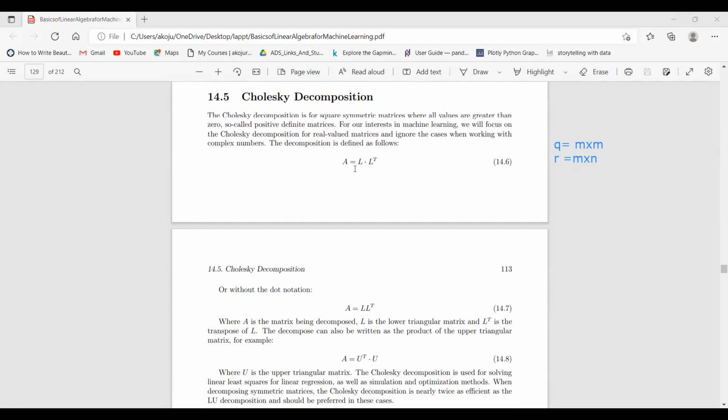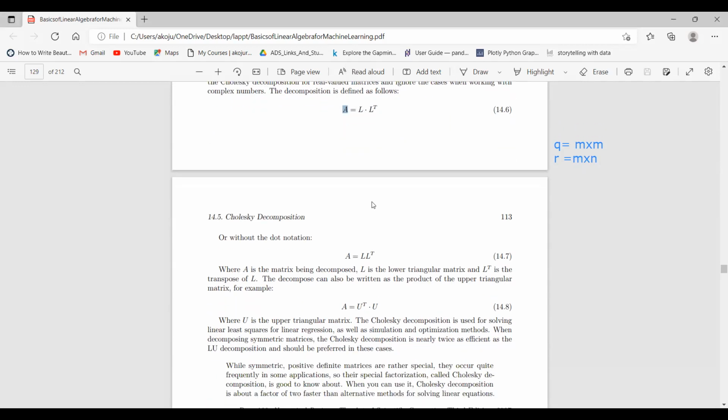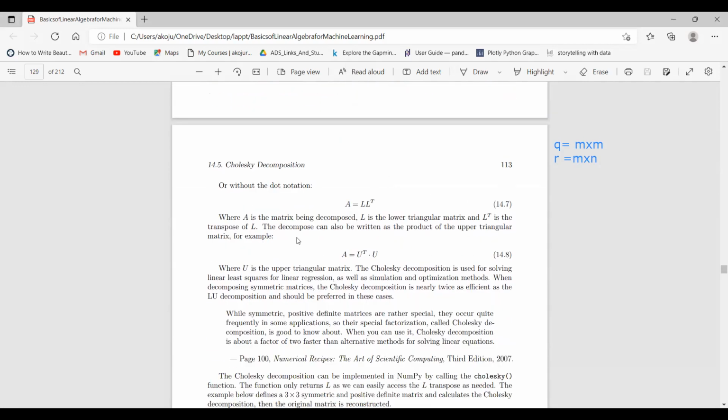Here L is nothing but a lower triangular matrix, and L transpose is the transpose of L. If you multiply L into L transpose, we will get the original matrix, that is A. The decomposition can also be written as the product of an upper triangular matrix.